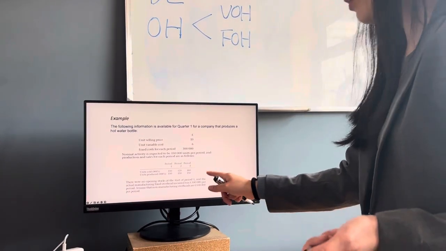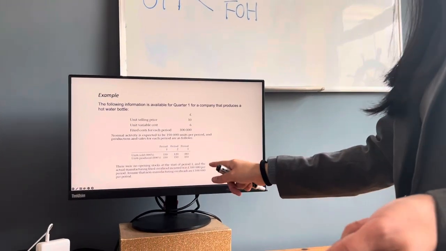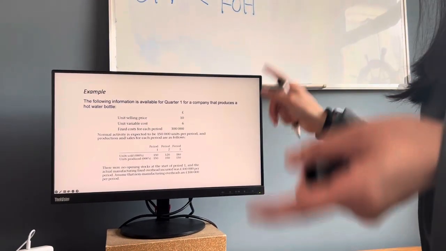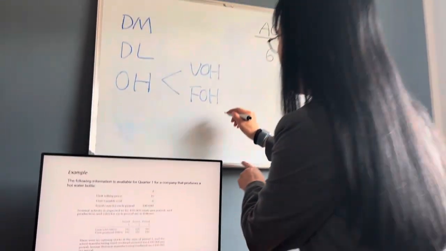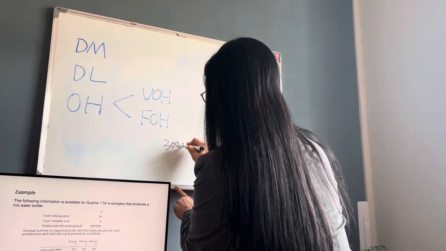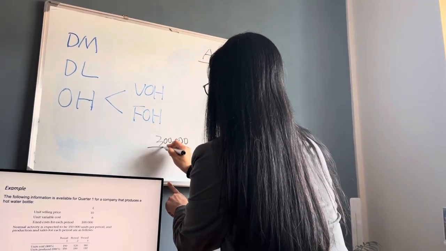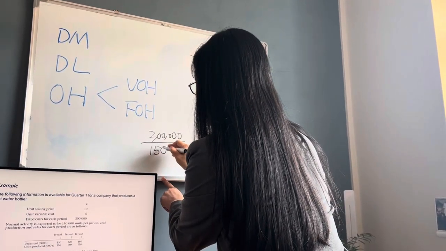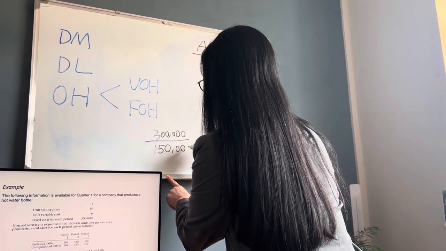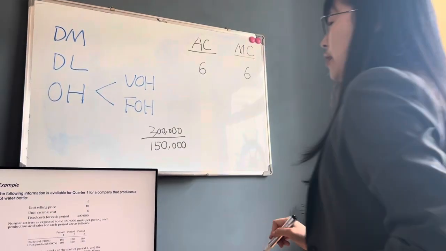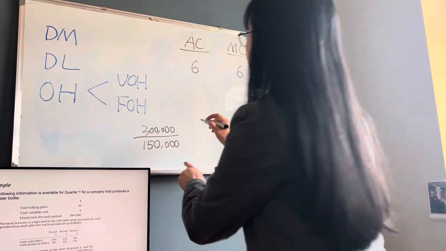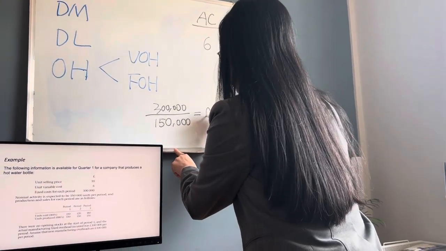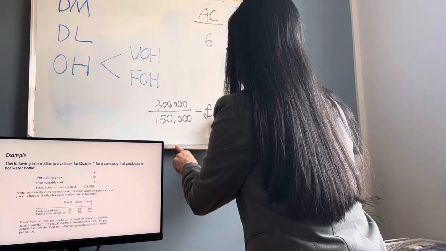Each single period, from 1 to 3, has the same production level of 150 units. So we could use 300,000, that's total fixed overhead, divided by 150 units, the number of units produced. In each single period, we have the fixed overhead per unit calculated: £2 per unit.